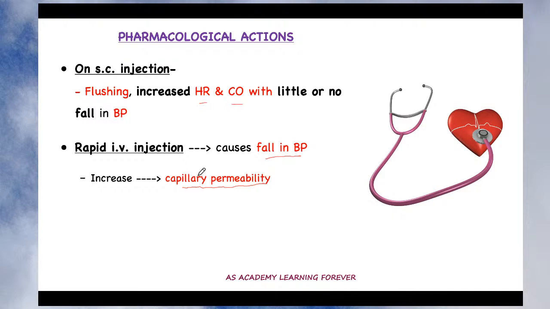It means those proteins present in the blood, like globulins and albumins, which are not supposed to pass through the capillary due to their size, can now easily pass through it. So these are the effects of rapid IV injection: a fall in blood pressure and an increase in capillary permeability.